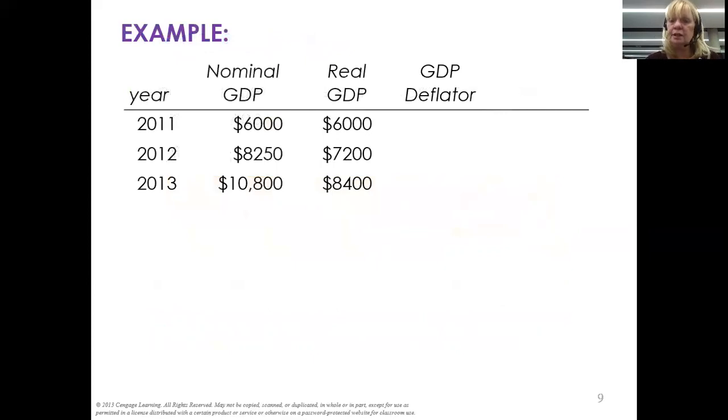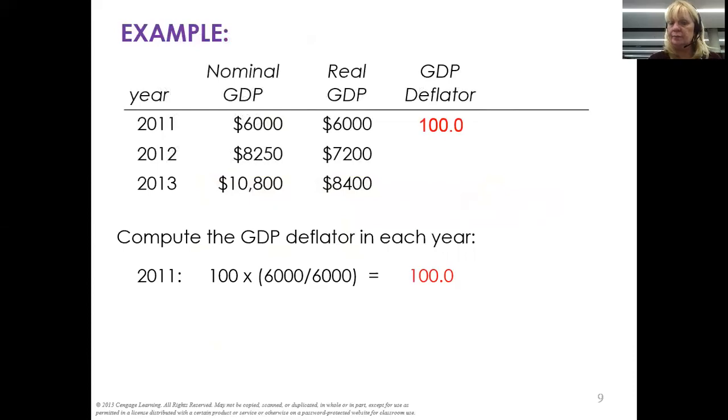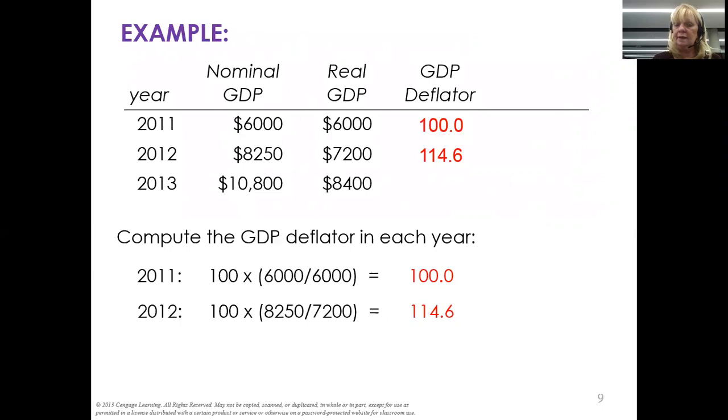So you get a GDP deflator of 100. For the second year, it's a little more complicated. Nominal GDP 8,250 divided by real GDP 7,200, and then multiply by 100, and you get 114.6.